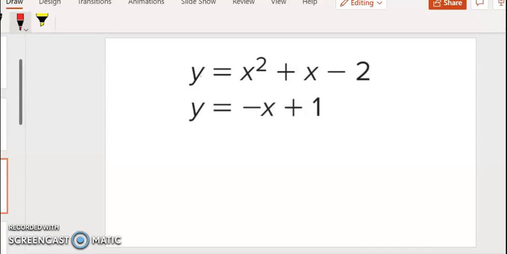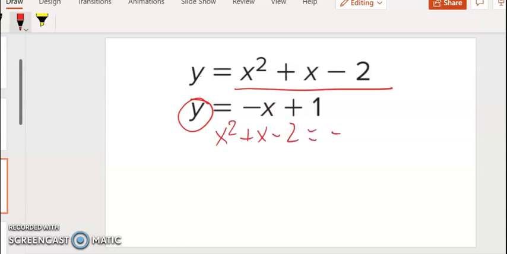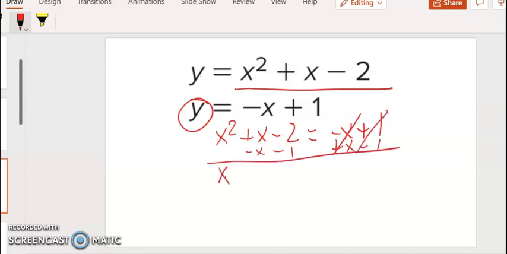Again, these both equal y, so I'm going to take out this y and put that in its place. And it equals negative x plus 1. So I want to move these two things to the other side, just so I get everything on one side. Let's see what we have. X minus x makes that go away. Negative 2 minus 1 is negative 3, so I can move that 3 back over.